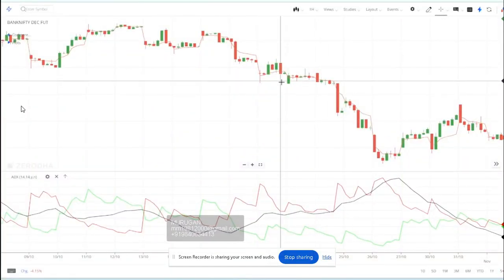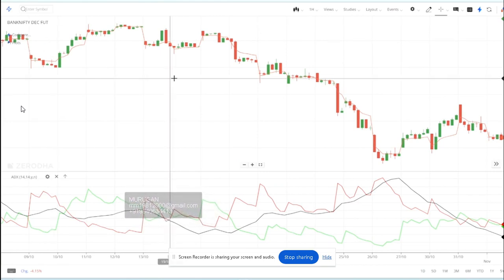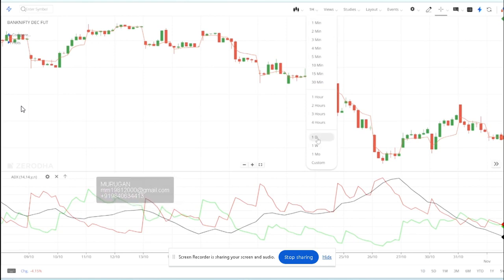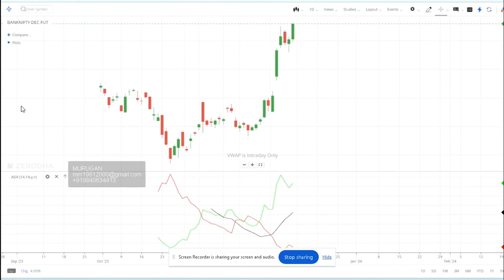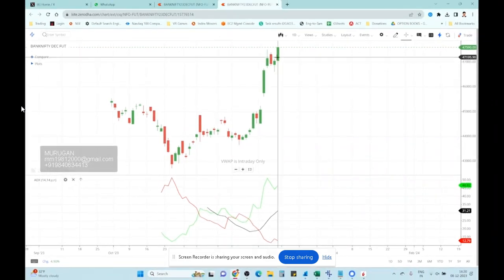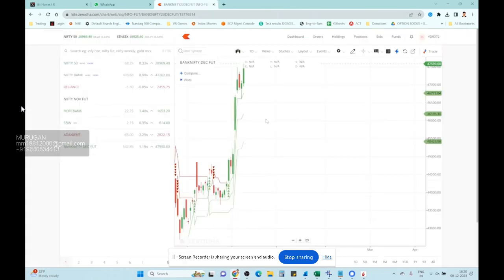Now look here. This is the Bank Nifty December future, I put it in a daily chart. We'll do one thing. Let us not look at the future, because if you look at the future, you will not have a long-standing thing. So let us look at the Nifty Bank.